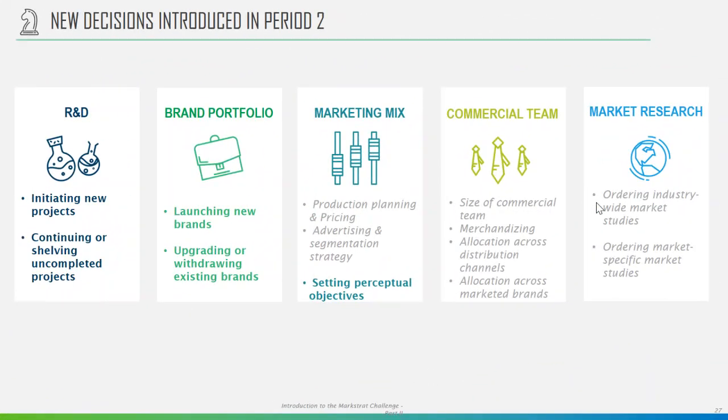So the way the simulation works is decisions about R&D, decisions about the brand portfolio typically can't be made until period 2. The first period you focus on place, promotion, and price without worrying about the product portion yet.